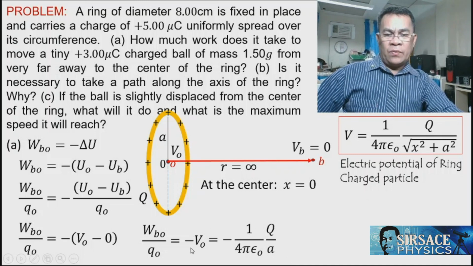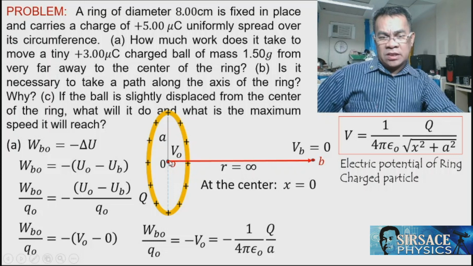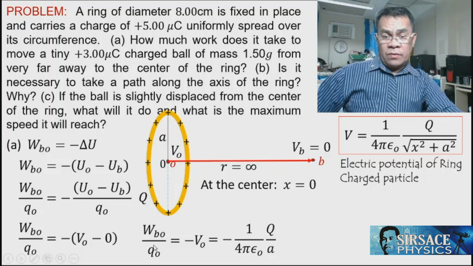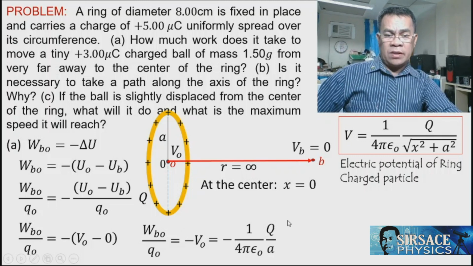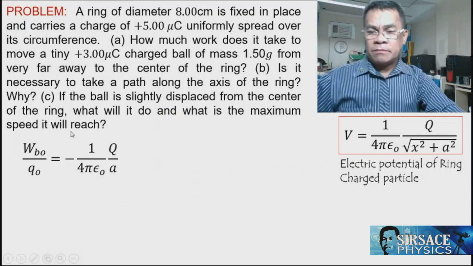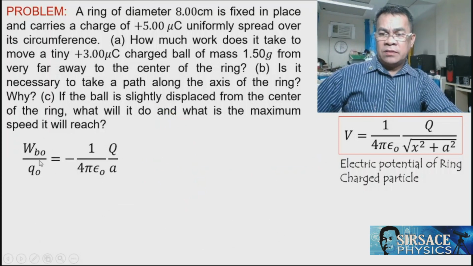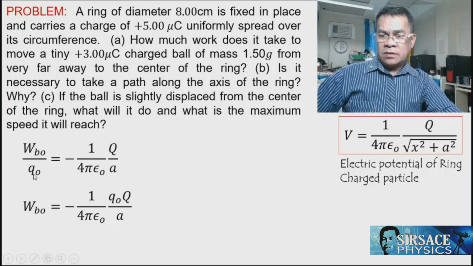So we now have the value of V naught, the potential at the center, equal to negative 1 over 4 pi permittivity Q over A. Now we will consider this equation, this member and this member. Solving again for the work done from B to O, take the diagonal product.